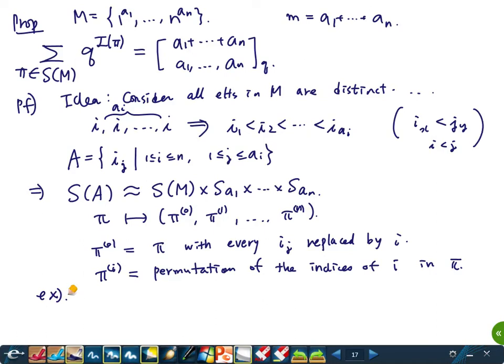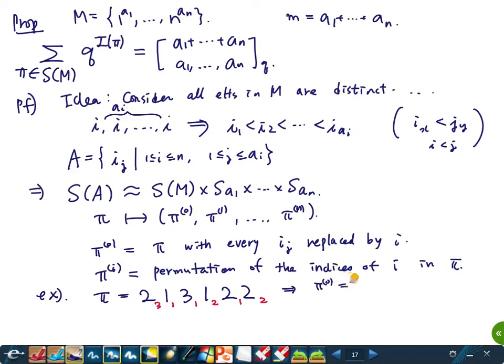So let's say pi is equal to 2, 1, 3, 1, 2, 2. I'm going to need subscripts. 3, 1, 1, 2, 1, 2. Okay? So this is a permutation of these elements. They are all distinct. We assume that they are all distinct. What is pi^0 in this case?